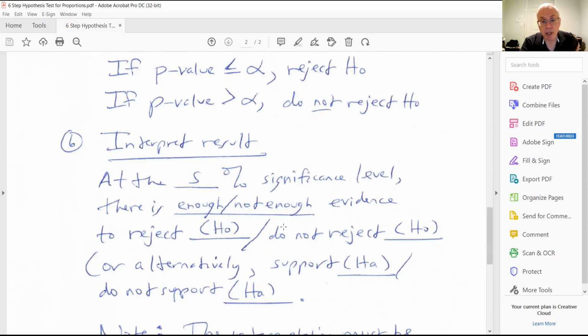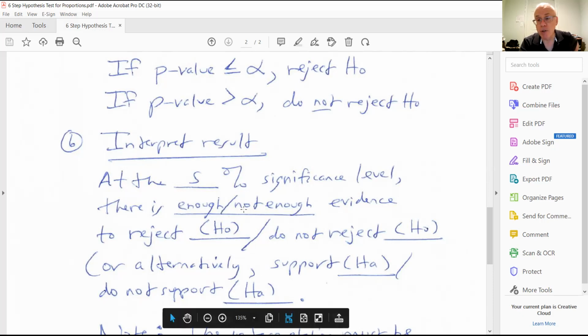But the important thing is that we put the interpretation in the context of the problem. So we don't just say we reject the null; we state what the null hypothesis is, in words. An interpretation requires actual words.